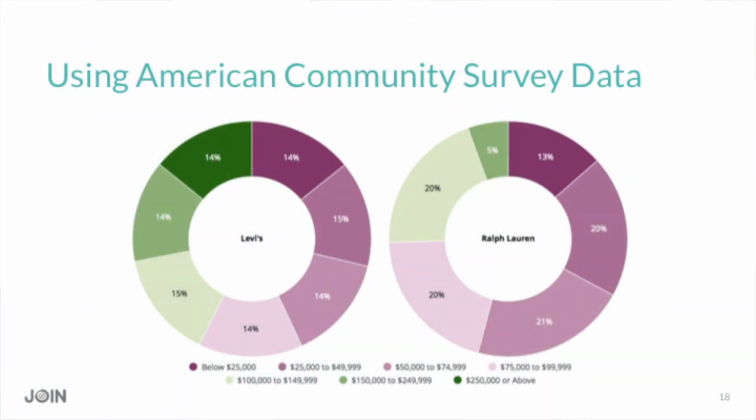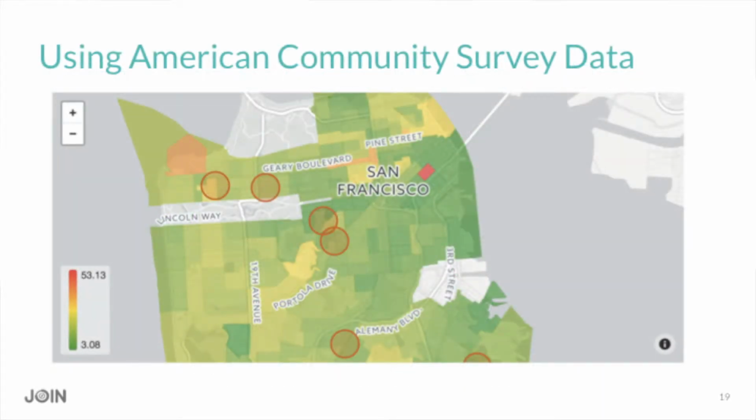So we took this data set, we combined it with one of our retail data sets to see how purchasing patterns for different brands were affected by income. And so we looked at 2 particular brands, Levi's and Ralph Lauren, and just by looking at the data, we were able to see that most people, no matter their income, tended to purchase Levi's.